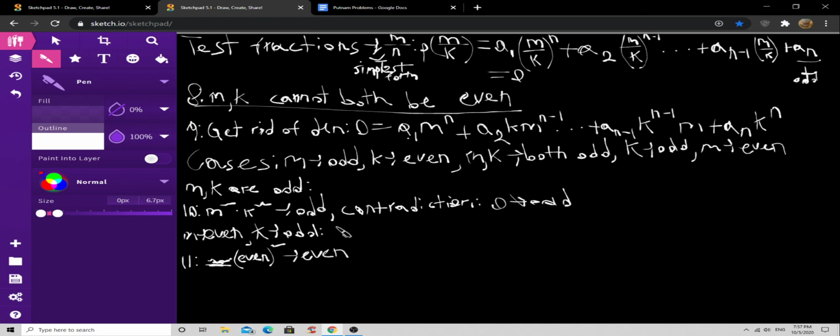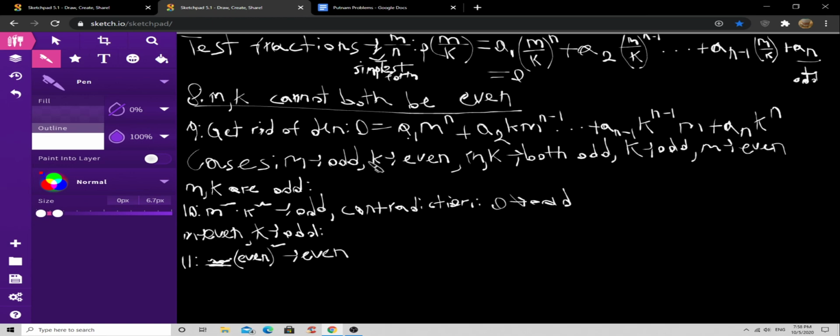I'm just trying to reason through this. So for all of these cases, it's key to know that adding an even number to anything will not change the parity of that value.